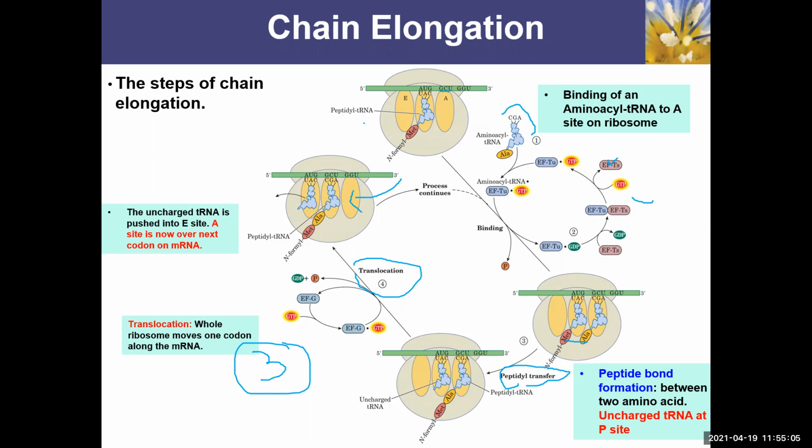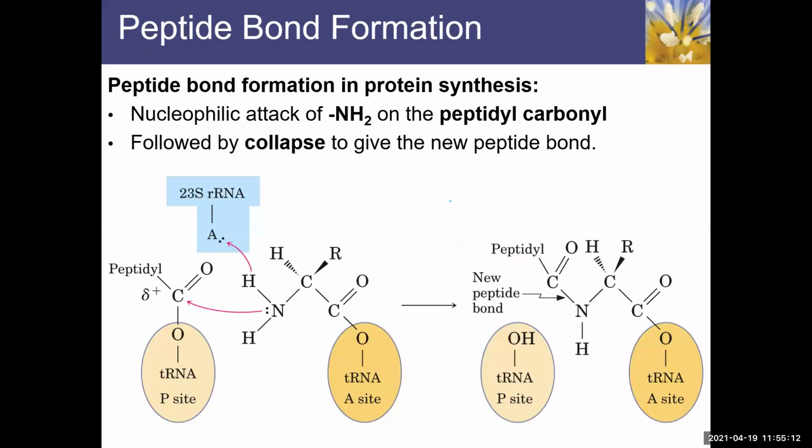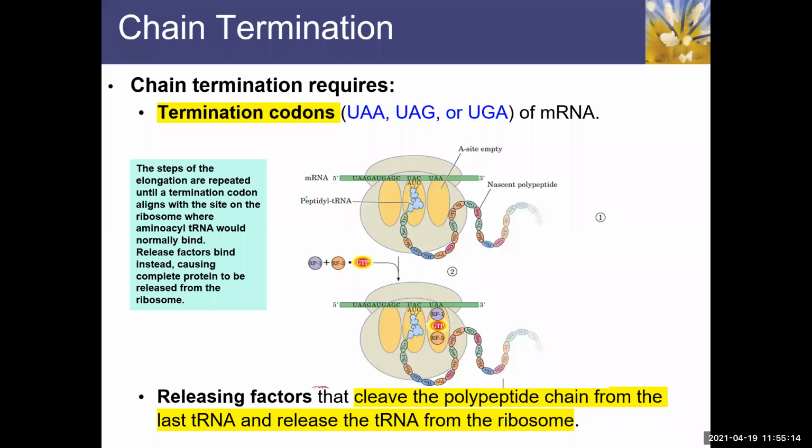Until and unless we have a stop codon: UAA, UGA, or UAG, right? So once you have a stop codon there, remember that there is no tRNA for that. Rather, we have a release factor for that.